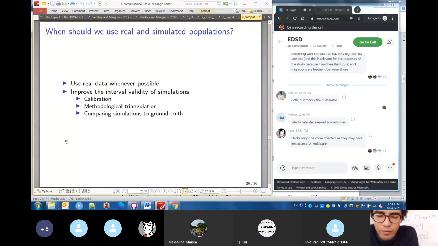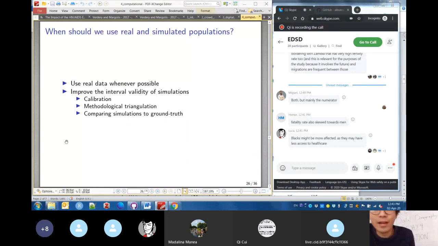But if you rely on simulation, there are several things you can do to improve the internal validity of the simulations. You can calibrate: run multiple simulations, compare your inputs and your outputs, and make sure that the outputs you're getting are sensible.